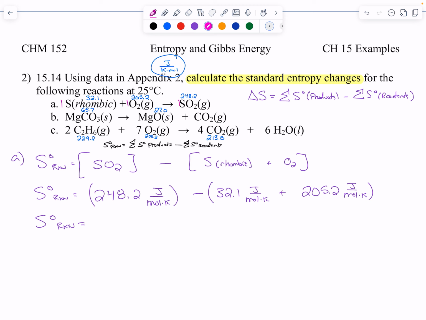Our coefficients are all 1s. So it's one of those, one of those, and one of those. Now that's important. So for our reaction, if I do the math, I'm getting 10.9 joules per Kelvin mole.